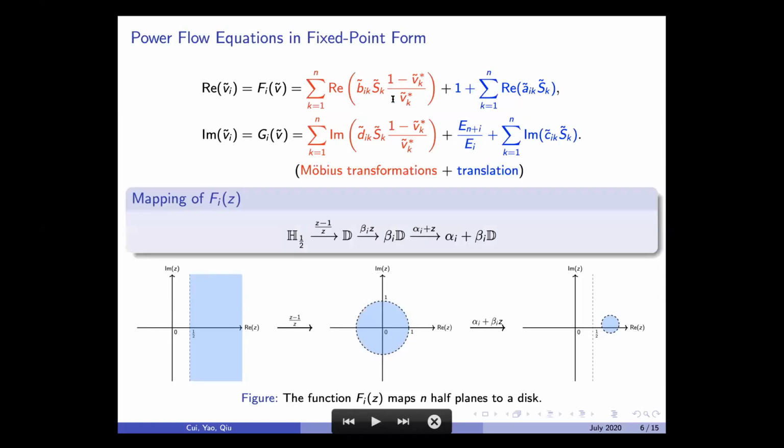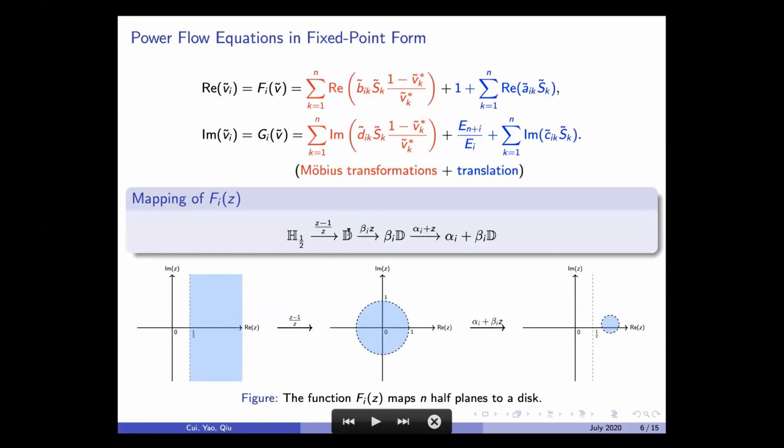So if we take a closer look at this fixed point form and see what this mapping actually does, we can see that for this Mobius transformation, which is given by z minus 1 over z here, it actually maps the half plane h1 half, which is the half plane shown here with the real part of z greater than 1/2, to the unit disk.